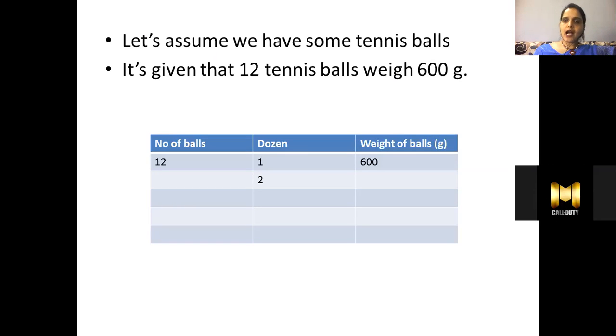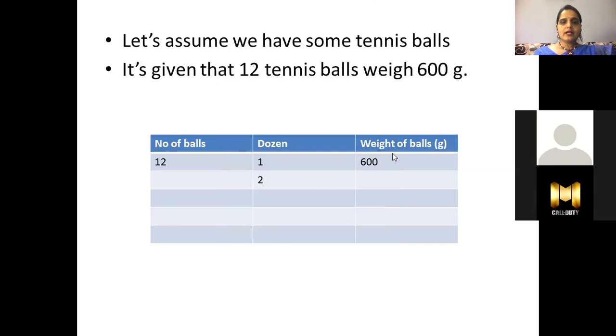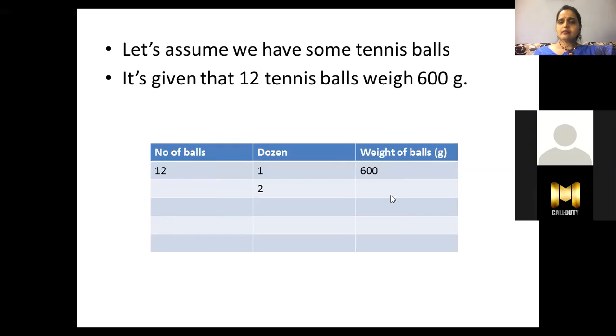Can you tell me how much they will weigh and what will be the number of balls which will constitute 2 dozens? Or maybe through chat you can send me the answer. 24 balls. Yes, 24 balls and weight. Who else can answer? 1200 grams.